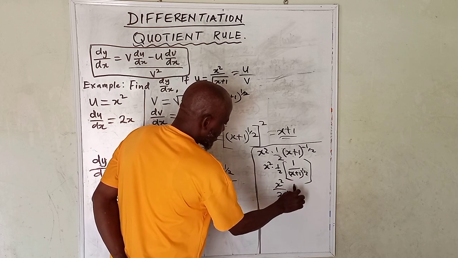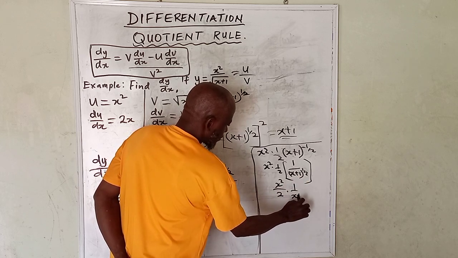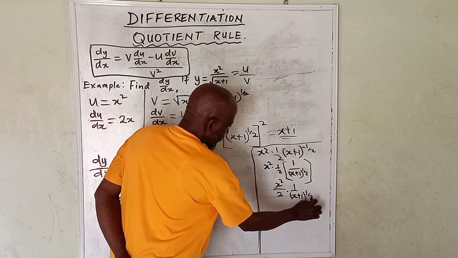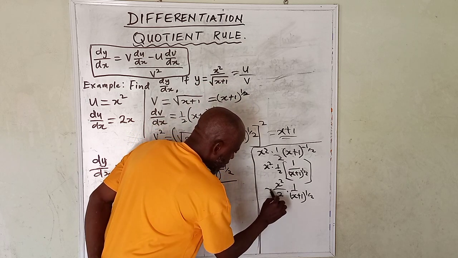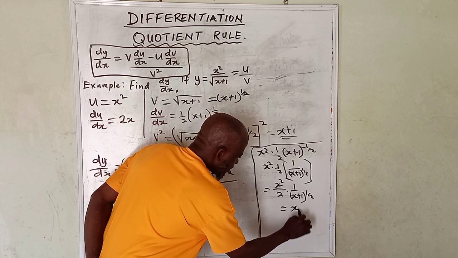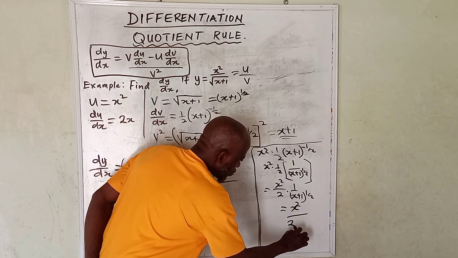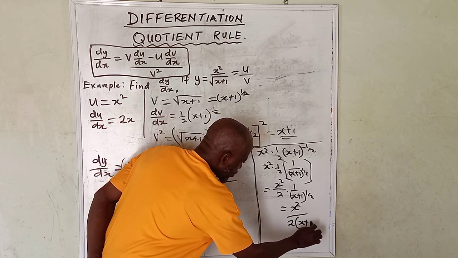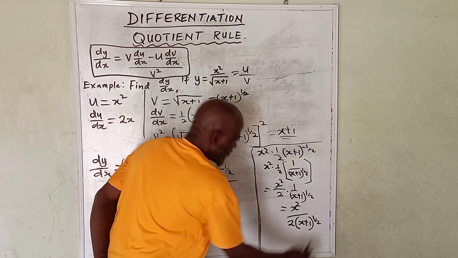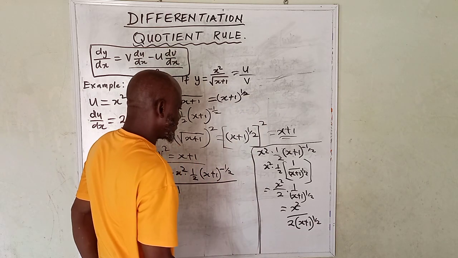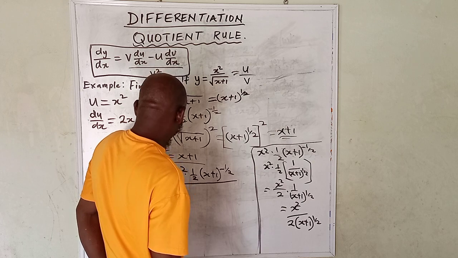When you multiply this, it becomes s squared all over 2 into x plus 1 raised to power half. Is that taking? Yes.